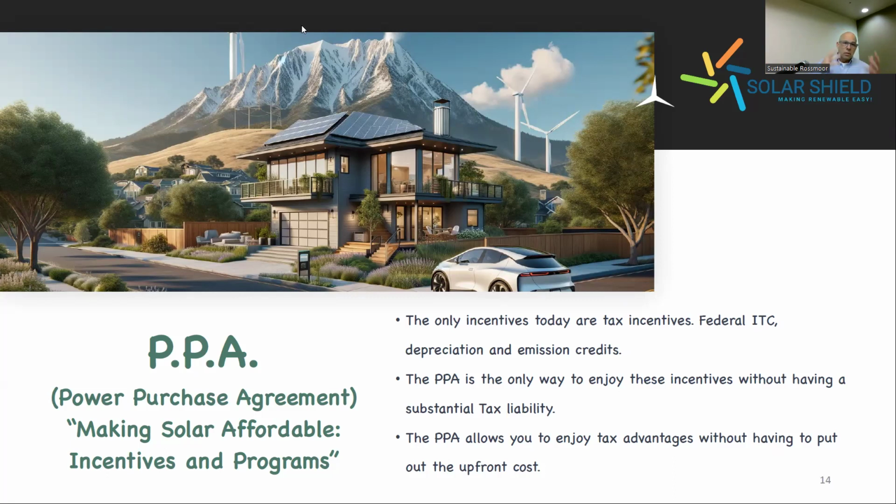And you may see online everywhere when you start looking at solar, there's always these pop-ups with videos saying, hey, there's no money, there's free solar, the government will give it to you. So first of all, the government won't give you anything, so let's forget that one, but they say it so that you'll click and put your information in.